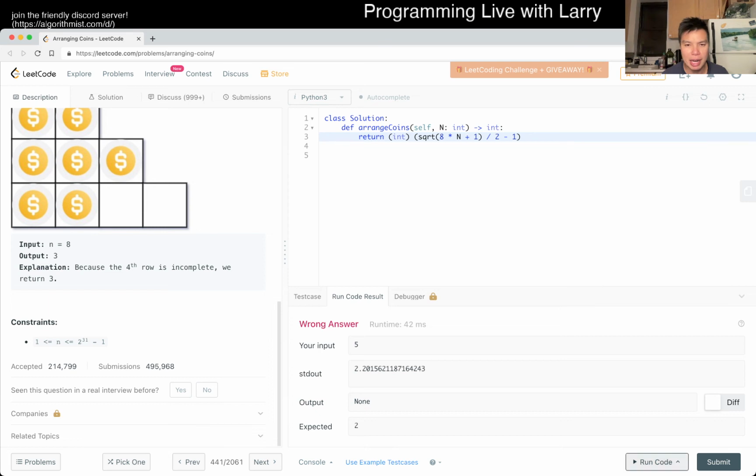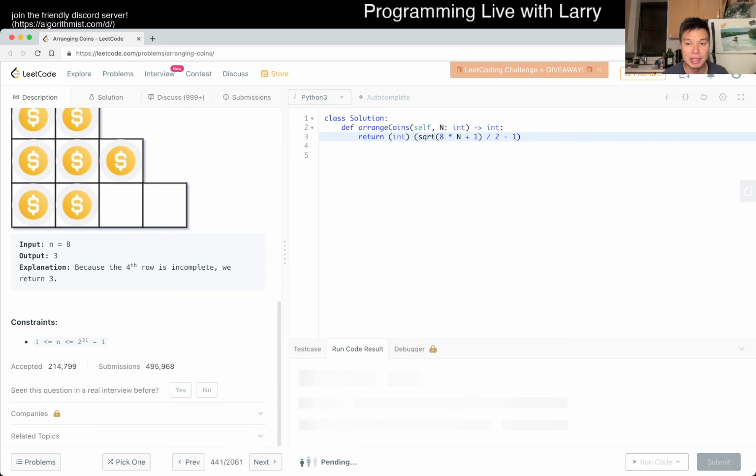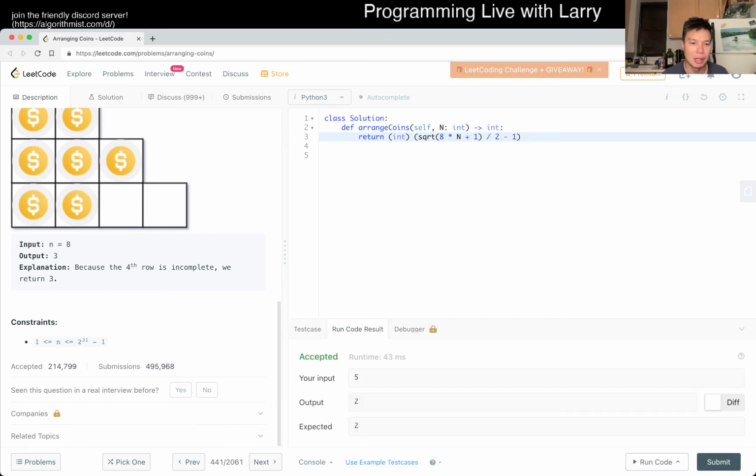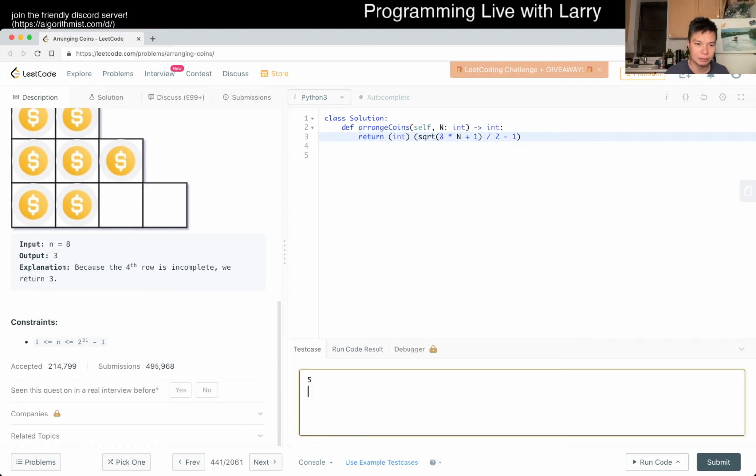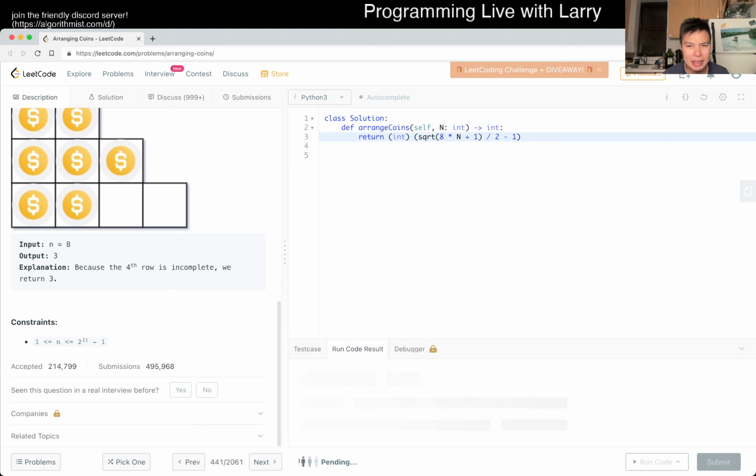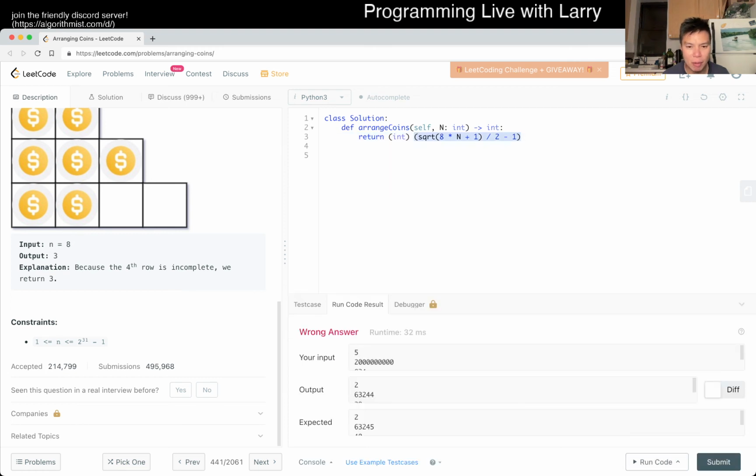I think the only thing that I may worry about with these things in general is that this may give you inexact numbers. There you go. Huh? Why am I off by 1 here on a lot of things even?